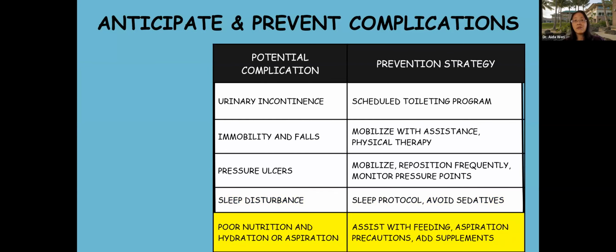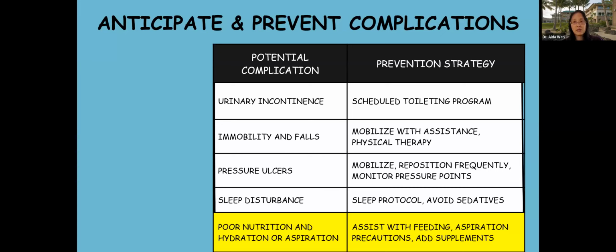And this is a very common one: poor nutrition and hydration or aspiration. Sometimes when folks have delirium, they don't remember to eat. You put the food in front of them, but they may not actually eat it. You might have to cue them and say, hey, take a bite. Hey, chew, swallow.